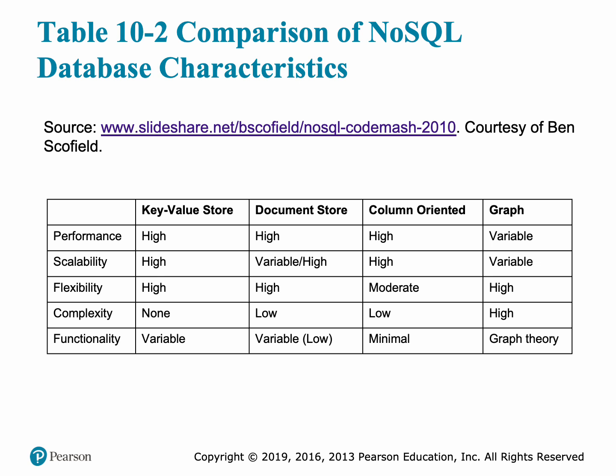Graph is also high. Complexity is key value store none, document store low, column oriented low, and graph is high. Functionality for key value store is variable, whereas document store is variable low, column oriented is minimal, and graph is graph theory that we utilize.